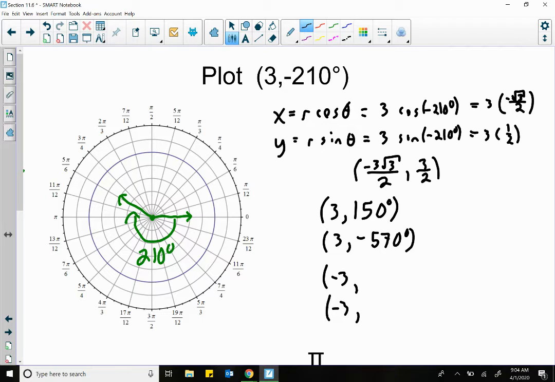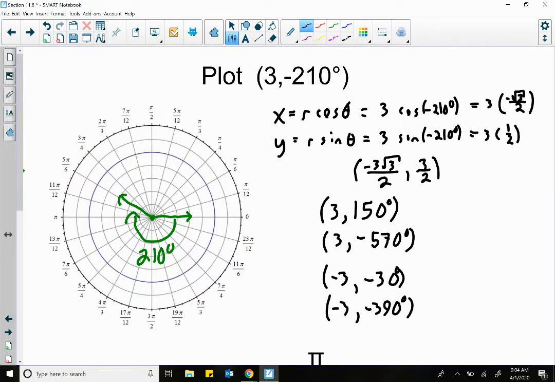So negative 210 plus 180 gives me negative 3, negative 30. Another one will be negative 210 minus 180, which gives us negative 3, negative 390 degrees.